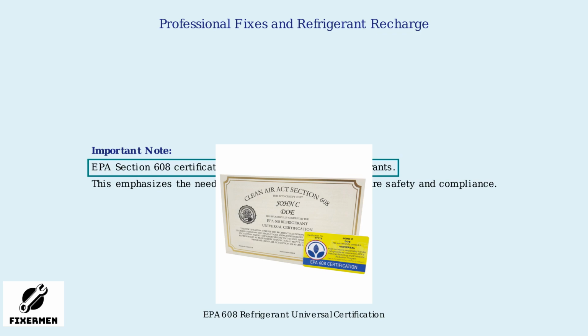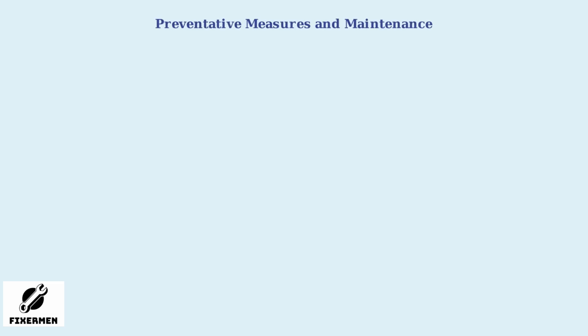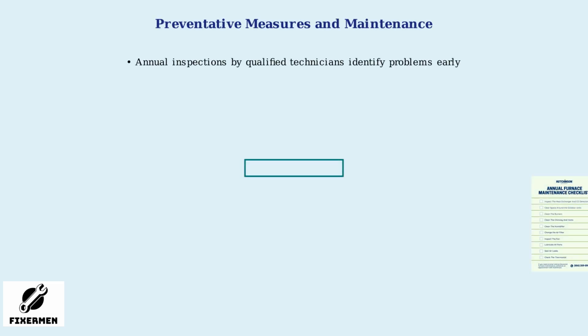Preventing refrigerant leaks requires regular maintenance and proactive care. Annual inspections by qualified technicians can identify potential problems early before they lead to system failure. Ensure proper installation of the mini split system to avoid stress on connections that could cause leaks over time.